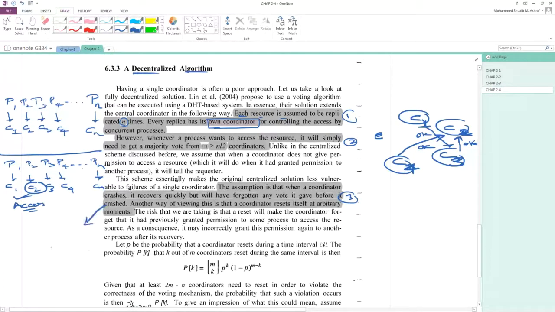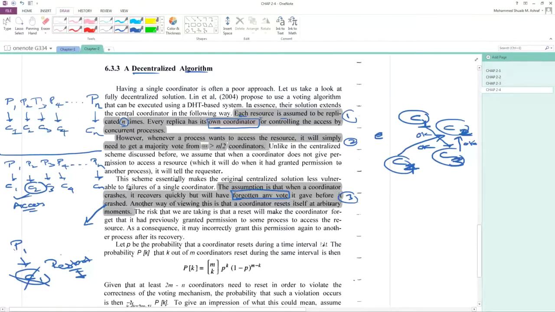Now number 3. Let's say this is process 1 and this is coordinator 1. If coordinator 1 fails, then you have to restart. That is, again you have to do the process, and when you restart you forget the old permission.